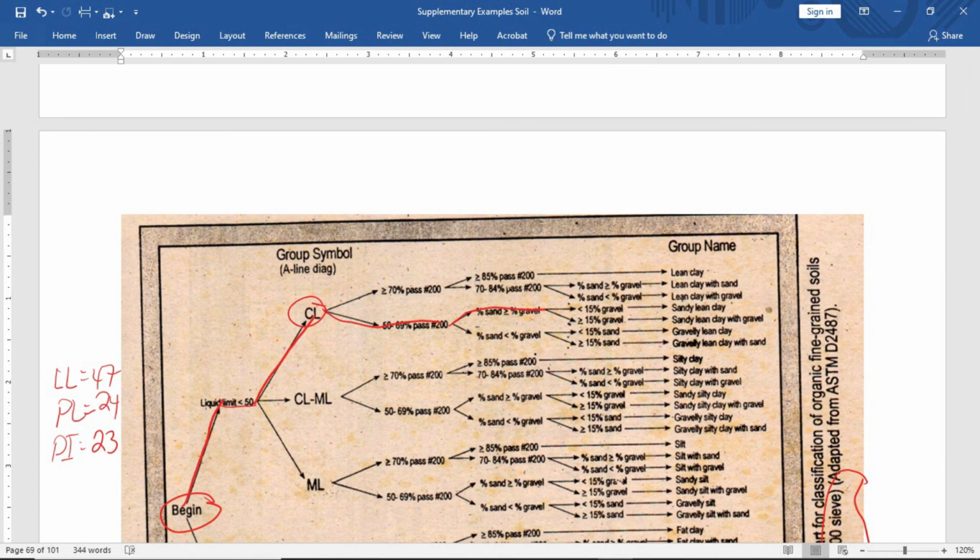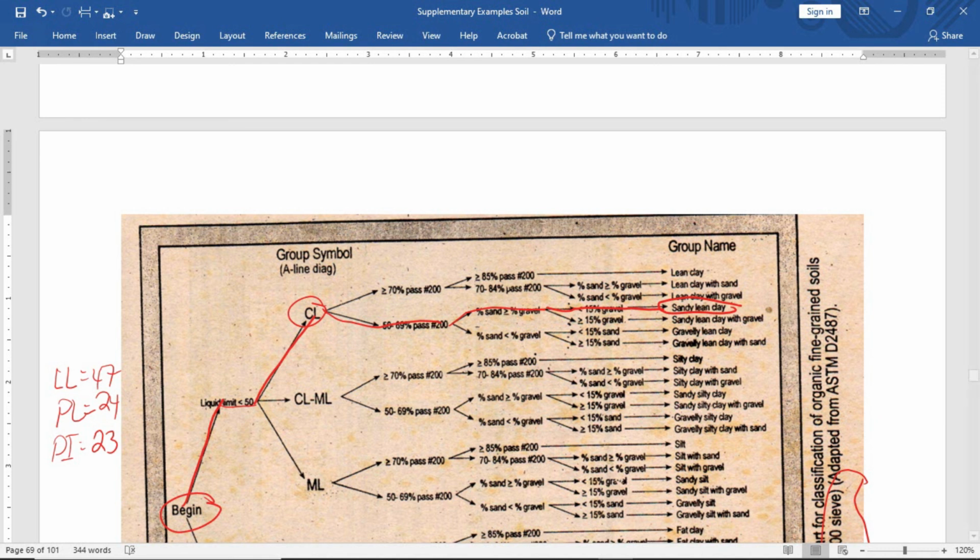Punta tayo sa sand is greater than gravel. Ngayon, alamin natin kung ang gravel ba is lesser than 15% or greater than or equal to 15%. Since 0, it is lesser than 15%. So, ang ano natin is sandy lean clay.